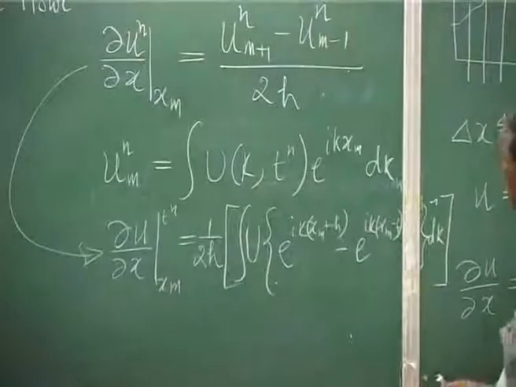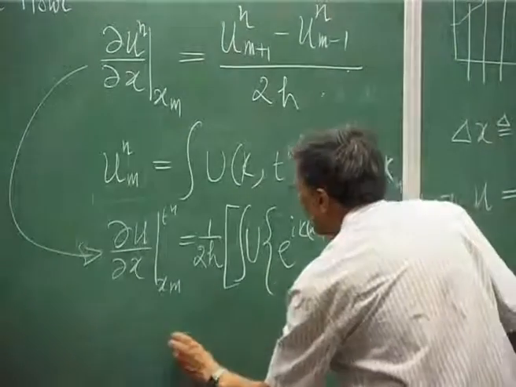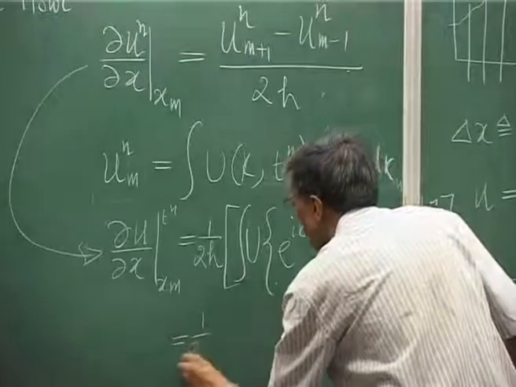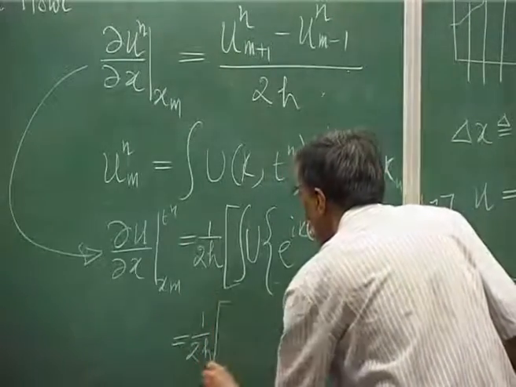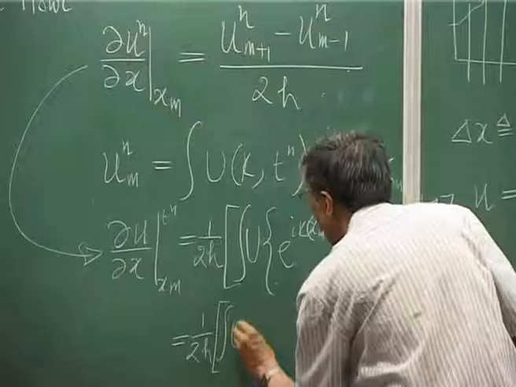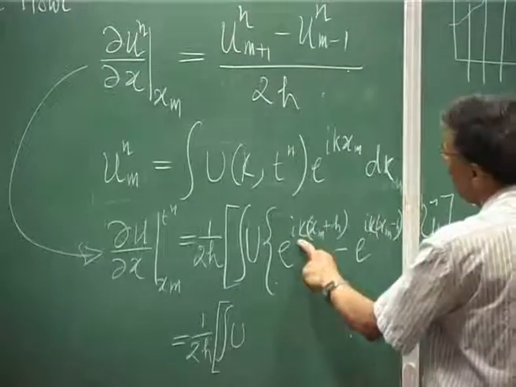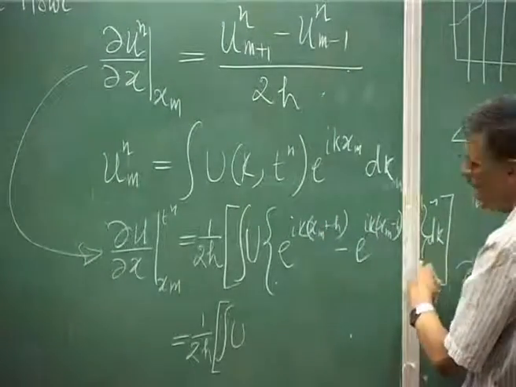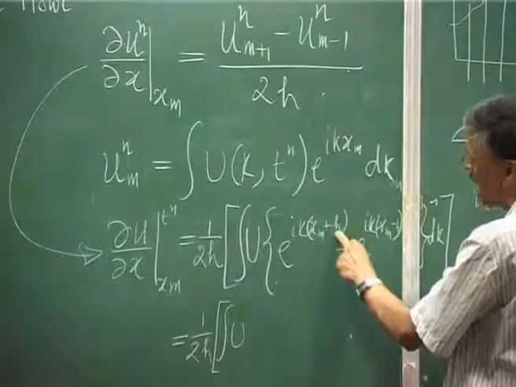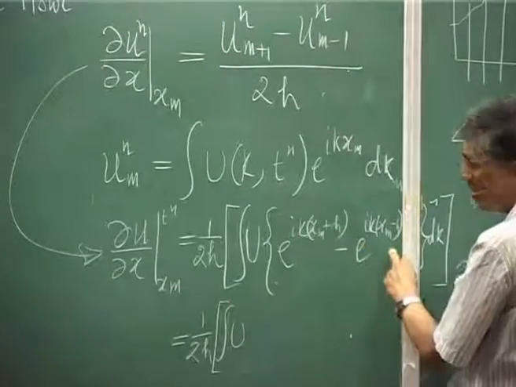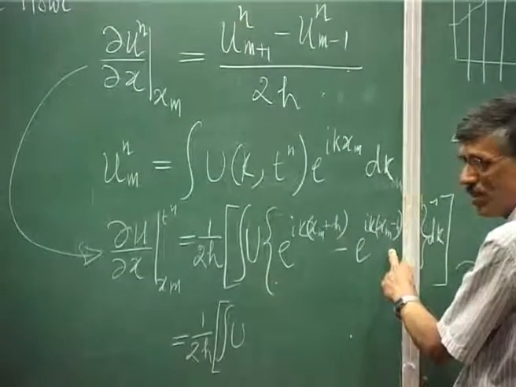So, what happens here, I could see that it is 1 over 2 h. I will keep the u hat here. What about this? e to the power i k x m is the same.